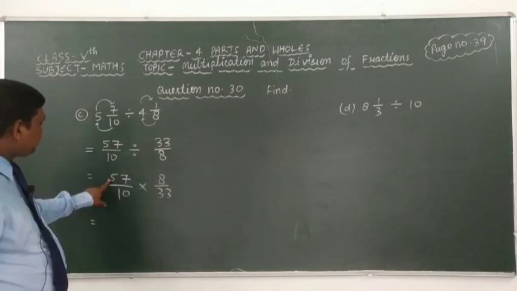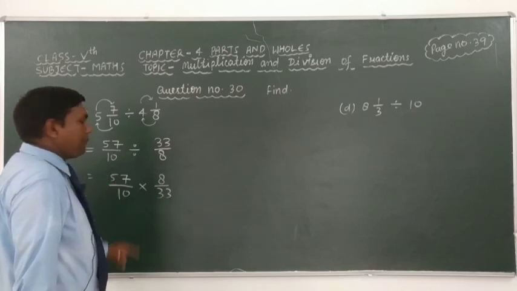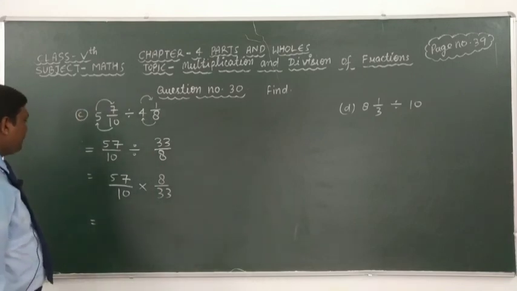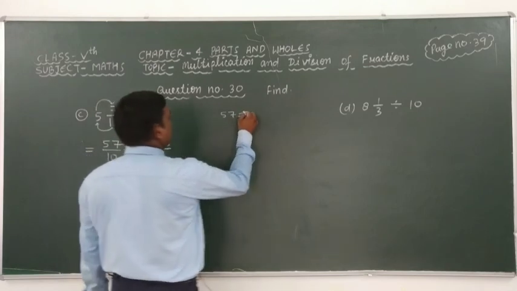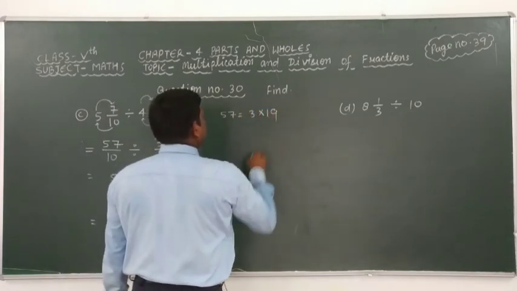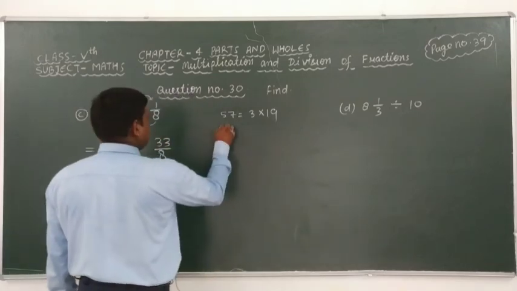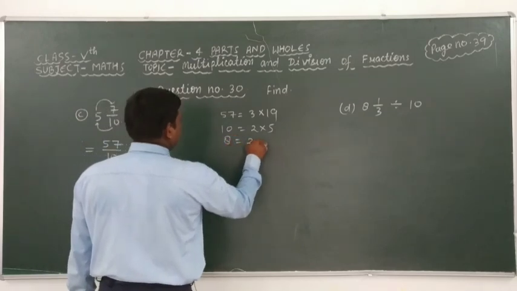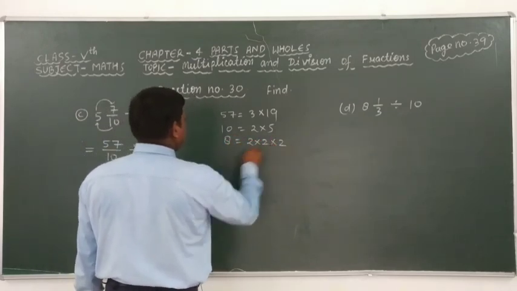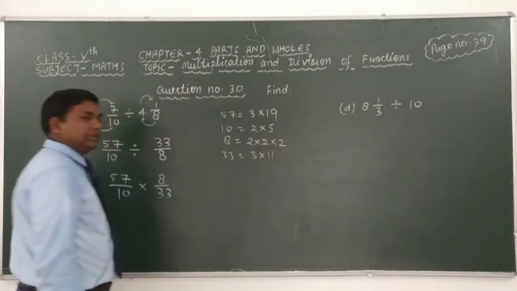Here we can write the factors. 57 is 3 multiplied by 19, 19 threes are 57, and 10 is 2 fives are 10, 8 is equal to 2, 2 twos are 4, 2 fours are 8, 33 is equal to 3 elevens are 33.